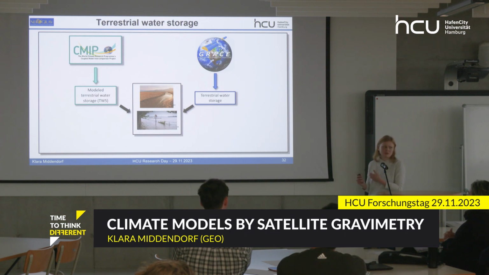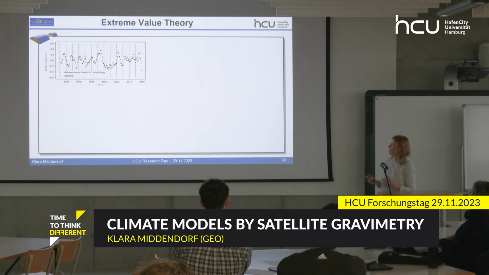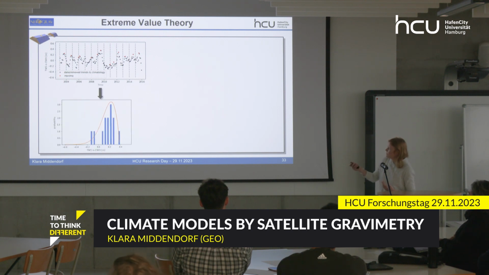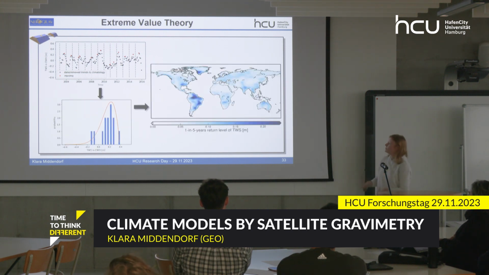So now we have modeled terrestrial water storage and observed terrestrial water storage, and we can then compare the extreme events from both. But we can actually not compare the time series directly, like different time intervals, but we need to apply statistics like extreme value theory. Because I run out of time, I just want to show you shortly how this looks.